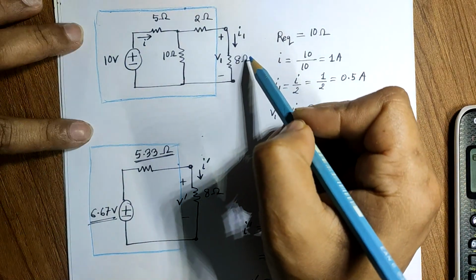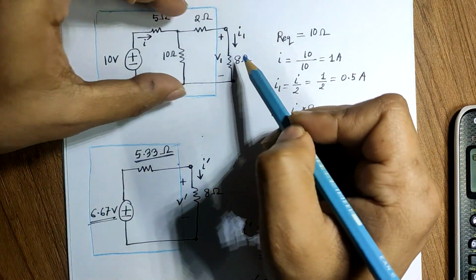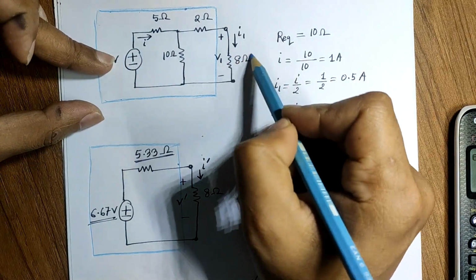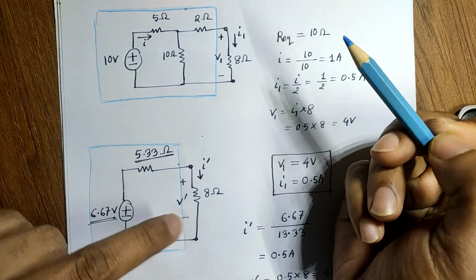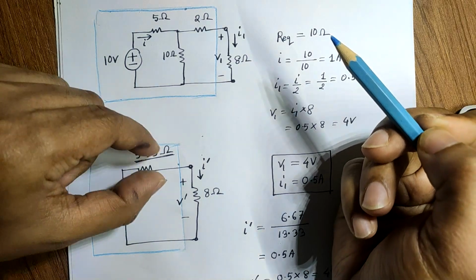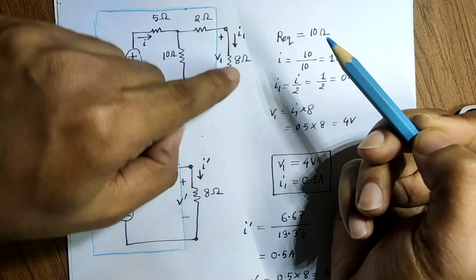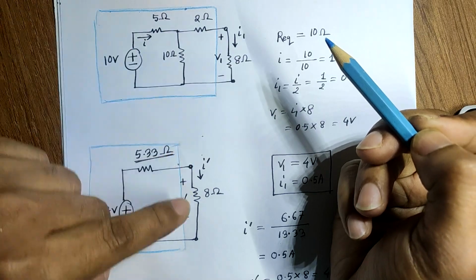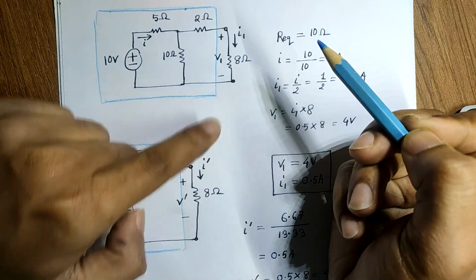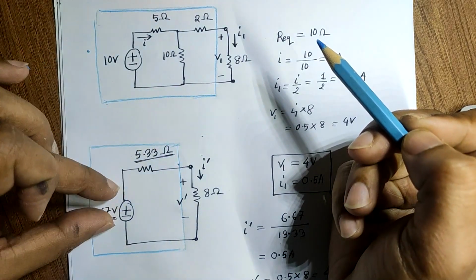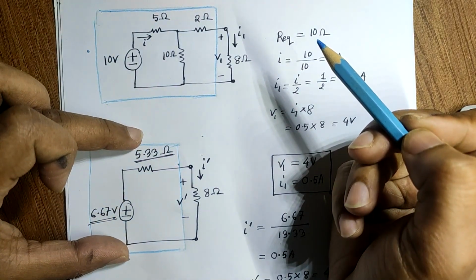That means in this circuit there were 3 resistances and 1 voltage source connected with the 8 ohm resistance, and in this circuit there was only 1 voltage source and only 1 resistance connected with this 8 ohm resistance. If we consider that this 8 ohm resistance is our load, that means this combination and this combination are doing the exact same thing, right?